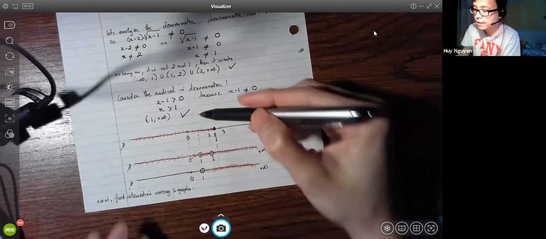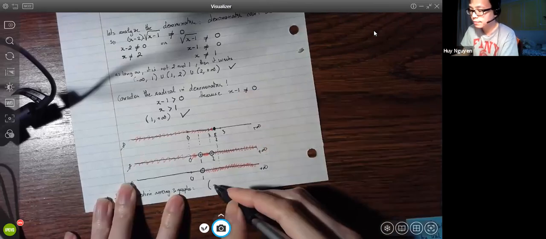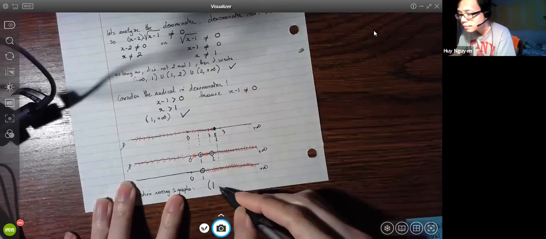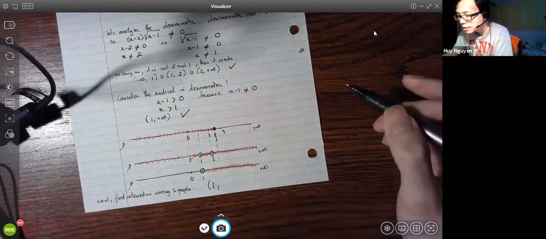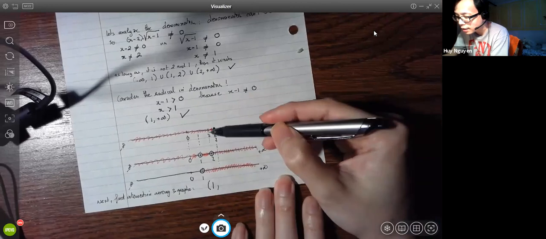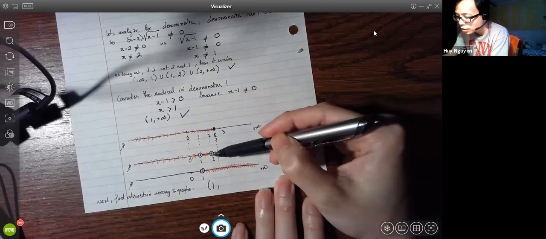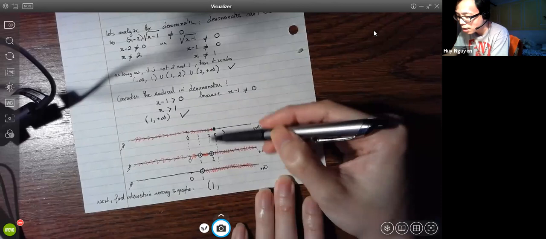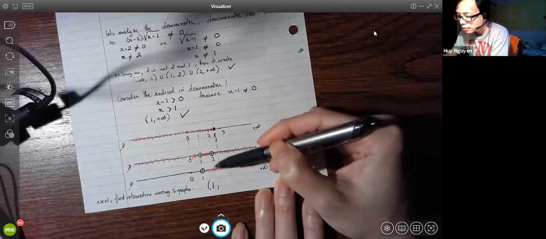So my final answer will be 1, comma. Let me see if 2 is shared in common or not. This one does not include 2, but this one includes 2, this one includes 2. But among the 3, it does not share in common.